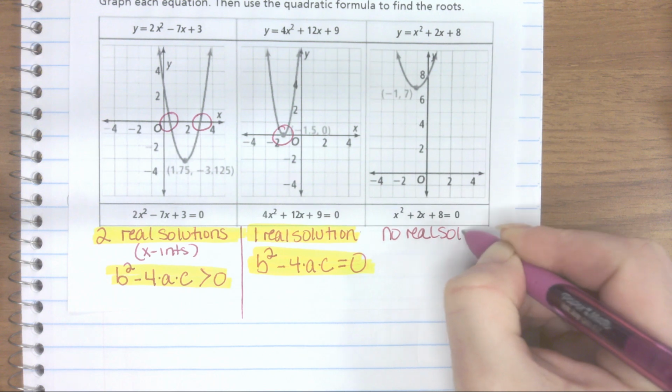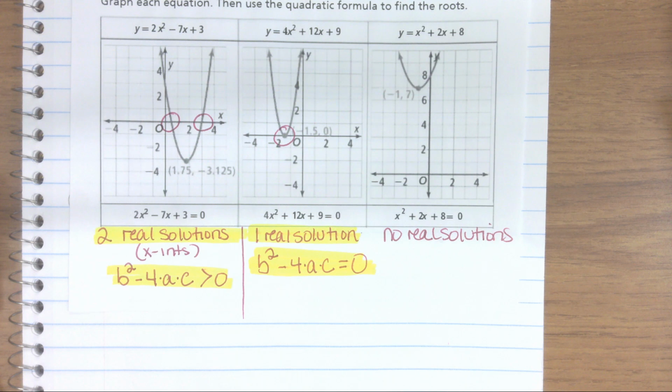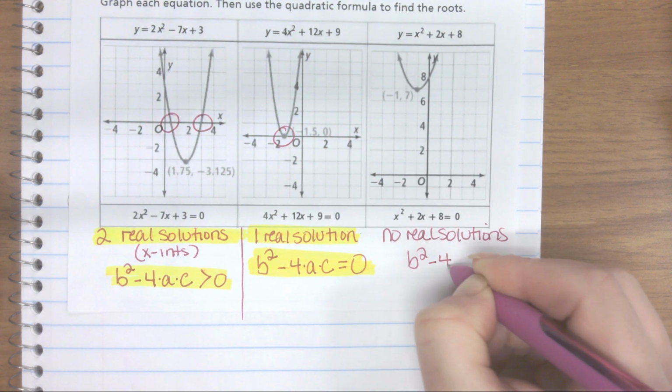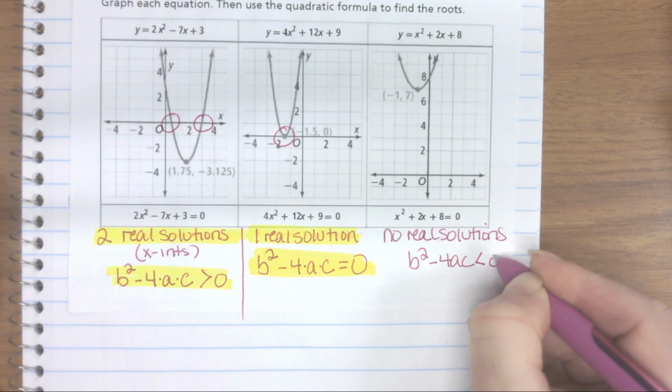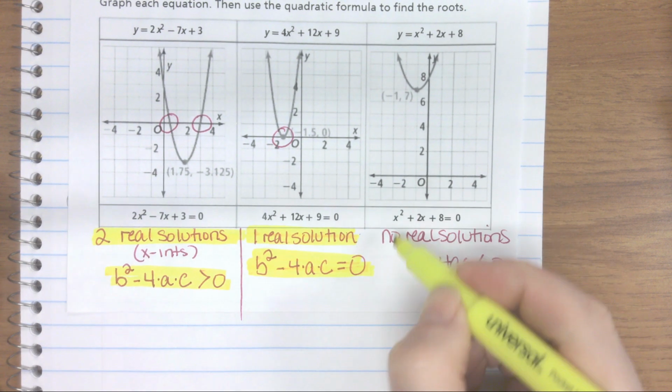I'm going to say something about this in a minute because I think a couple weeks ago we talked about imaginary solutions. And it still has imaginary solutions, but it has no real solutions. And that happens when b squared minus 4ac is less than 0. So you're going to get that discriminant is a negative value.